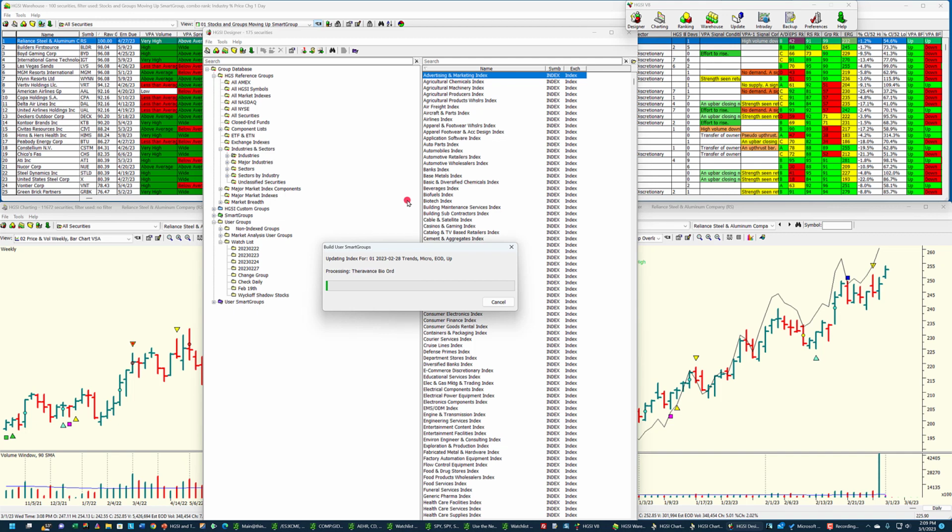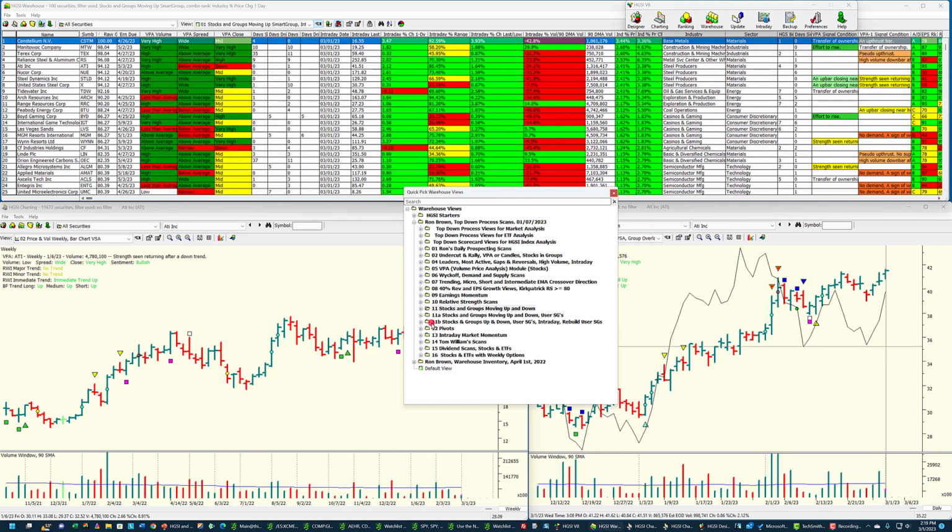The reason I'm doing this is a couple of these scans are based upon what's happening in the market today. I've got 3 different folders here of stocks and groups moving up and down.